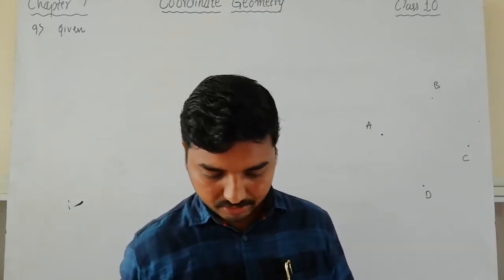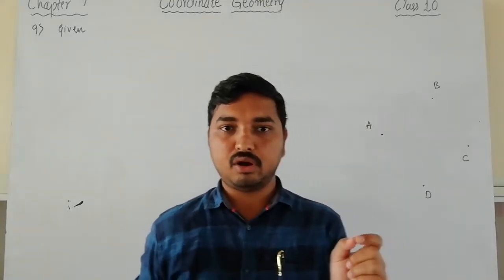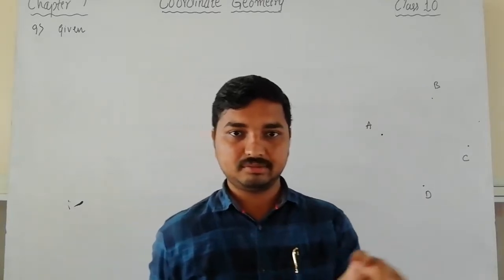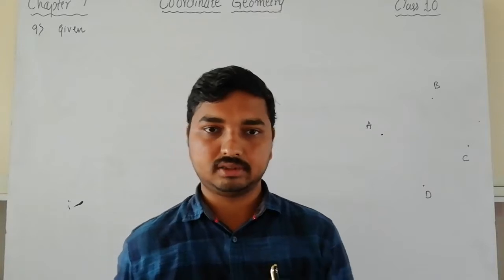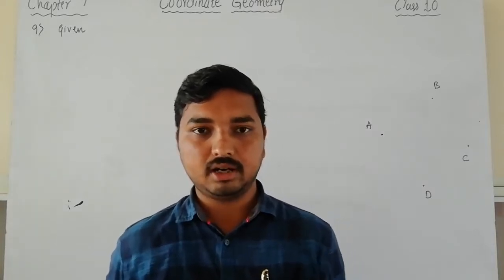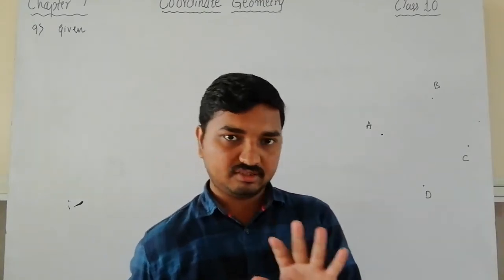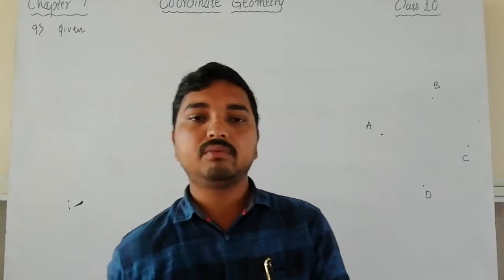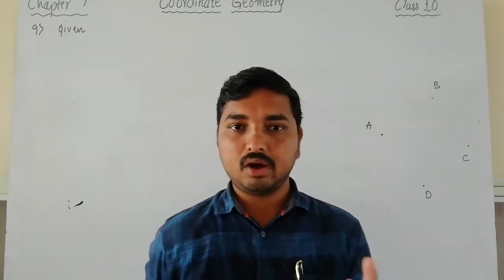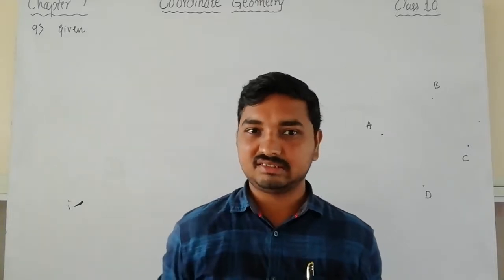Champa says it's not a square, that if you join those students by a line, it will not form a square. That is Champa's opinion, but Chameli disagrees. No, we will get a square if we join all the four students. Now we need to justify who is correct, by using the distance formula.